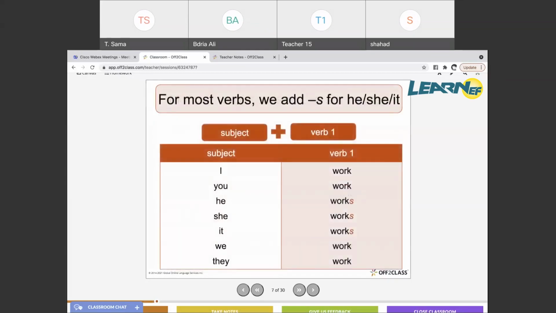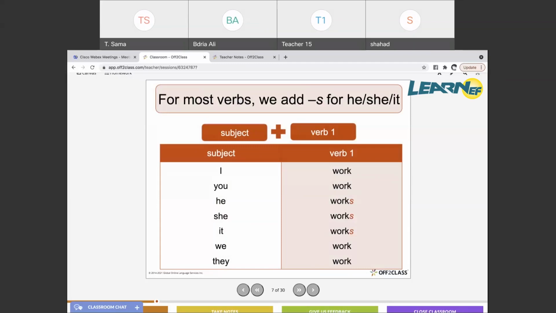Okay. So for most verbs, we add S for he, she, it. The form says that in order to write sentences in the present simple, we start with the subject, then the verb, then the rest of the sentence. منبلش بالفاعل, بالفعل, بعدين باقي الجملة. Subject هون معطينا the pronouns الضمائر اللي بترجع على subject, because it's hard to put كل الأسامي اللي في الدنيا.